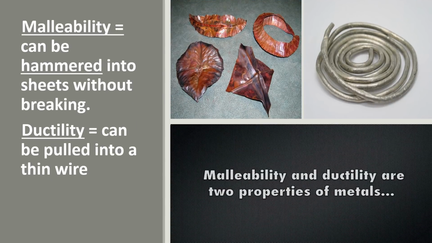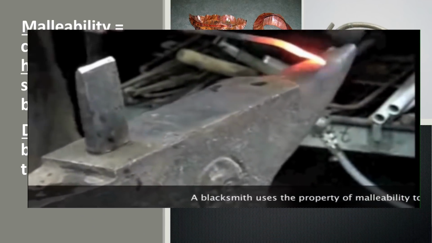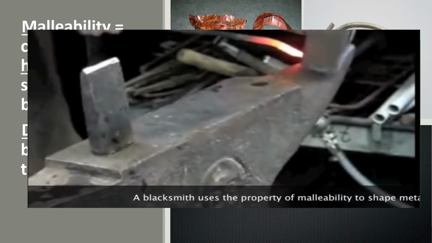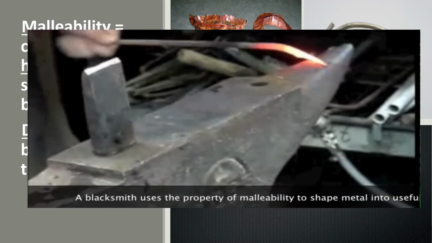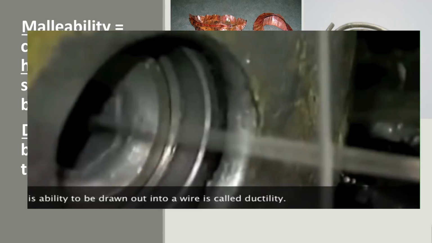Malleability means it can be hammered into sheets without breaking. So you can see some art right there where they've taken metal and hammered it out. And ductility means it can be pulled into a thin wire. So here we have an example of malleability where the blacksmith has heated up some stuff and was breaking and smashing it.